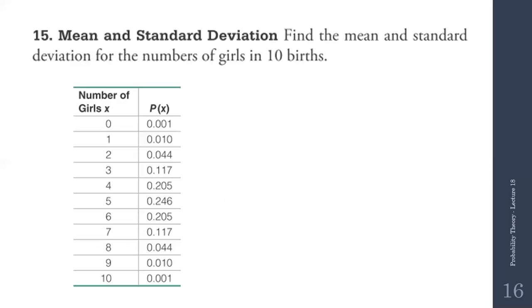Mean and standard deviation. In order to find the mean and standard deviation for the numbers of girls in 10 births, in order to find the mean, we have to calculate the mathematical expectation, M(X): multiply these together and add them, like 0 times 0.001 plus 1 times 0.010 plus, and so on. Then in order to find the standard deviation, we use sigma equals the square root of M(X squared) minus M(X) squared.